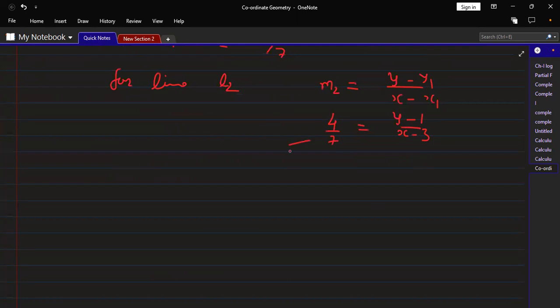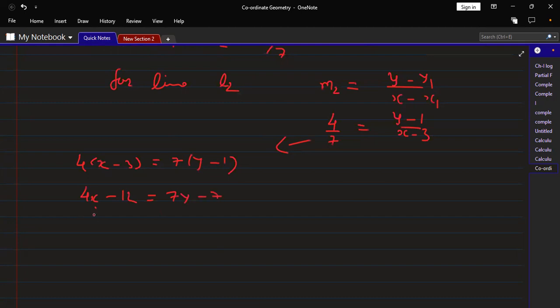Just cross multiply them. So 4 into x minus 3 equals to 7 into y minus 1. 4x minus 12 equals to 7y minus 7.